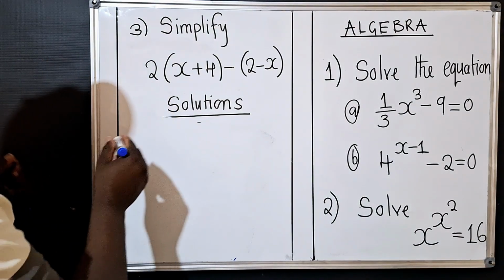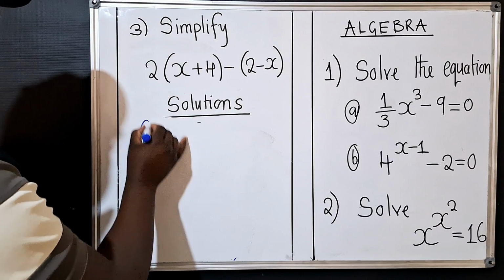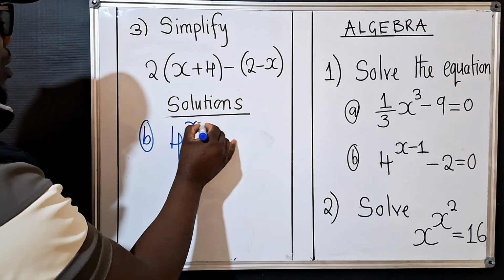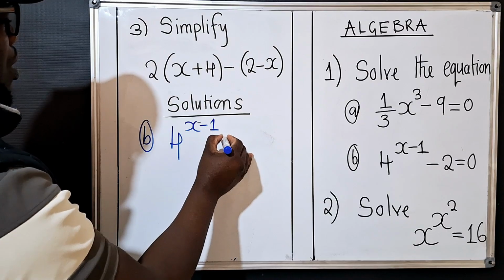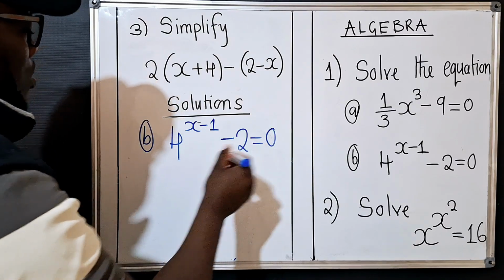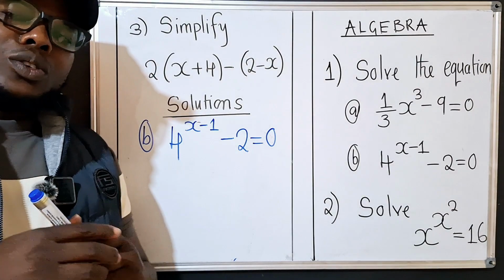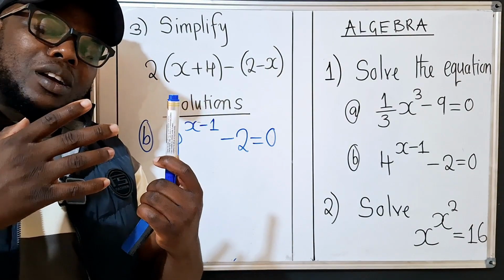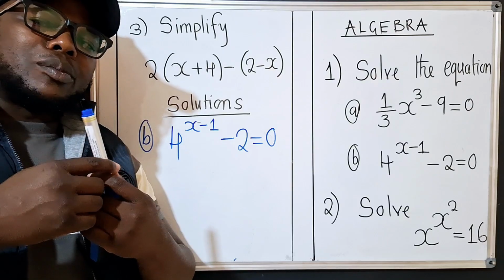For question 1B, we've got 4 power x minus 1 minus 2 is equal to 0. Without wasting our time, we have to group the like terms.